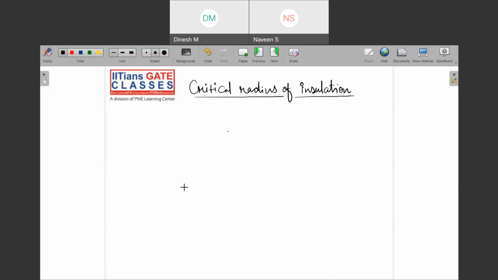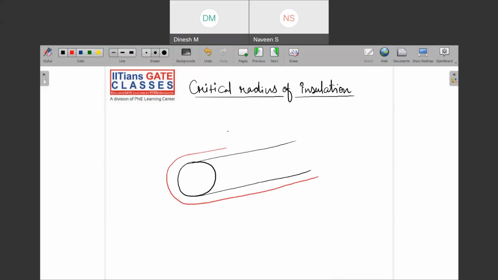So in order to understand that, let us say, for example, there is an electrical wire, and there is one cover upon it. Outside there is the atmosphere, and the atmosphere has h as the heat transfer coefficient.